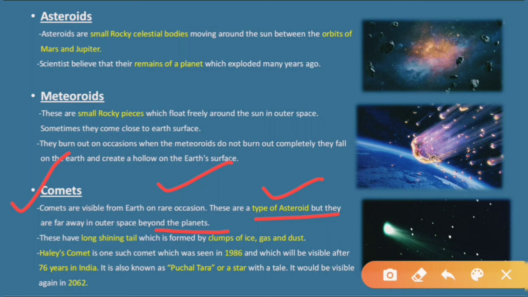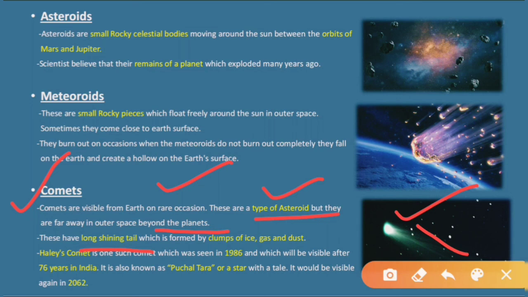And the next is, these have a long shining tail. As you can see in this picture, this is the picture of a comet and they have a big long shining tail. See, you can see this tail. This tail is long and shiny.